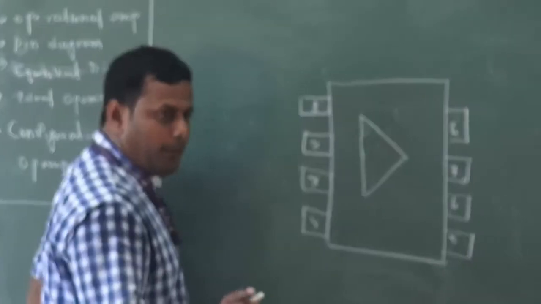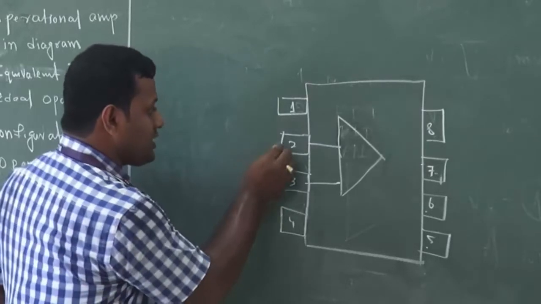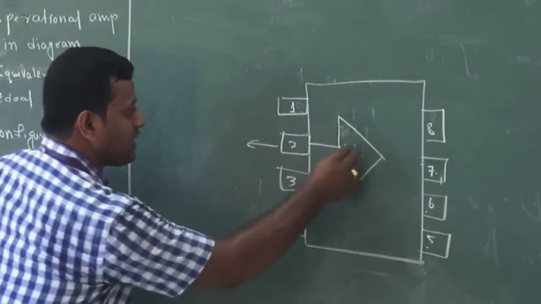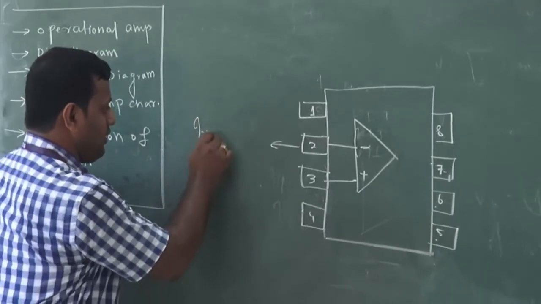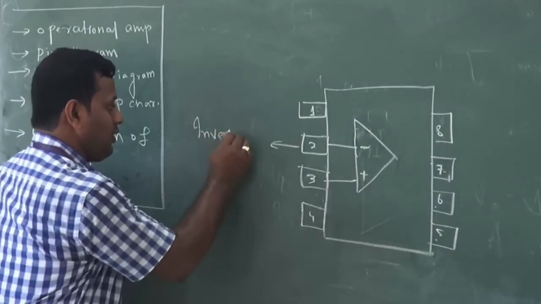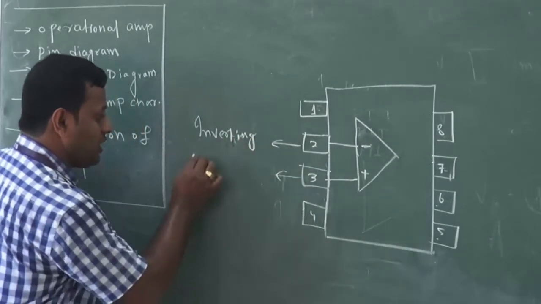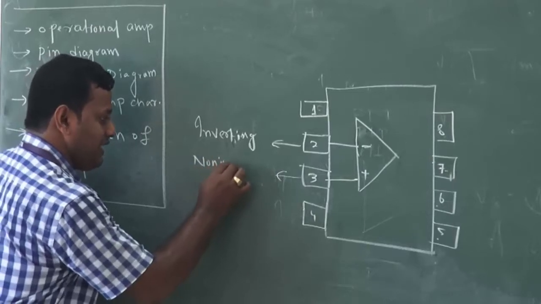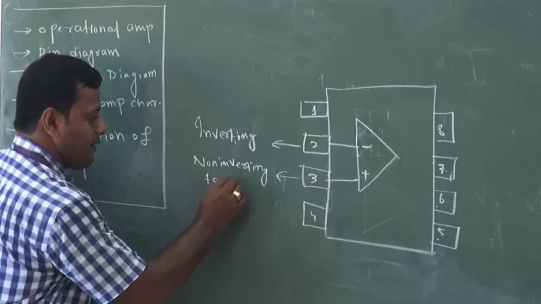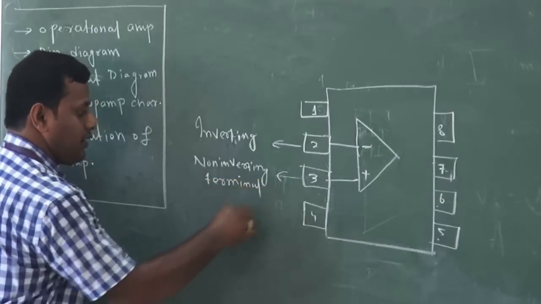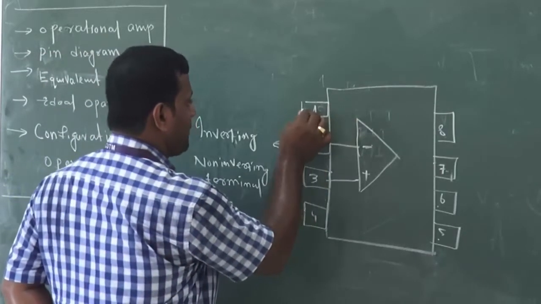It will take 2 inputs: from pin 2 one input, and from pin 3 another input. This 2 is the inverting terminal, and this 3 is the non-inverting terminal. Pin 1 is the offset null.